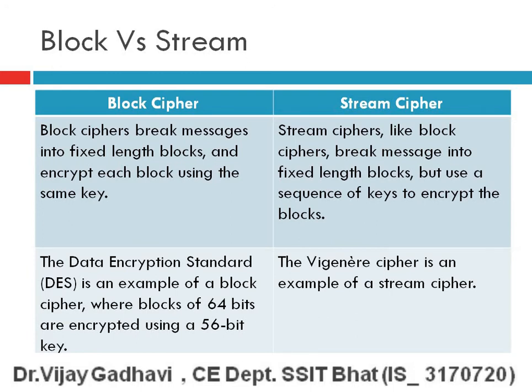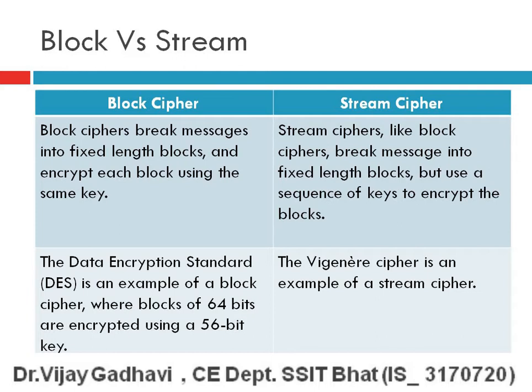Block versus stream cipher. A stream cipher is like a block cipher in that it breaks the message into fixed length blocks, but it uses a sequence of keys to encrypt the blocks. A block cipher breaks messages into fixed length blocks and encrypts each block using the same key.